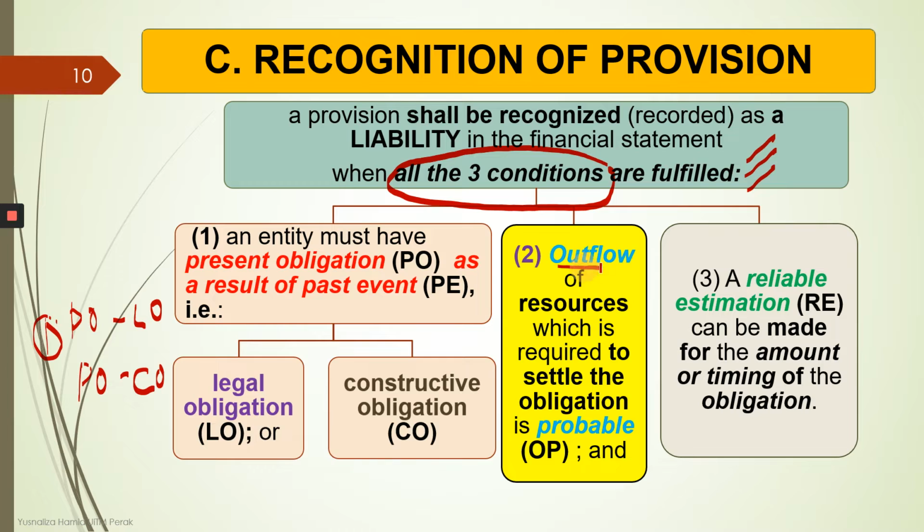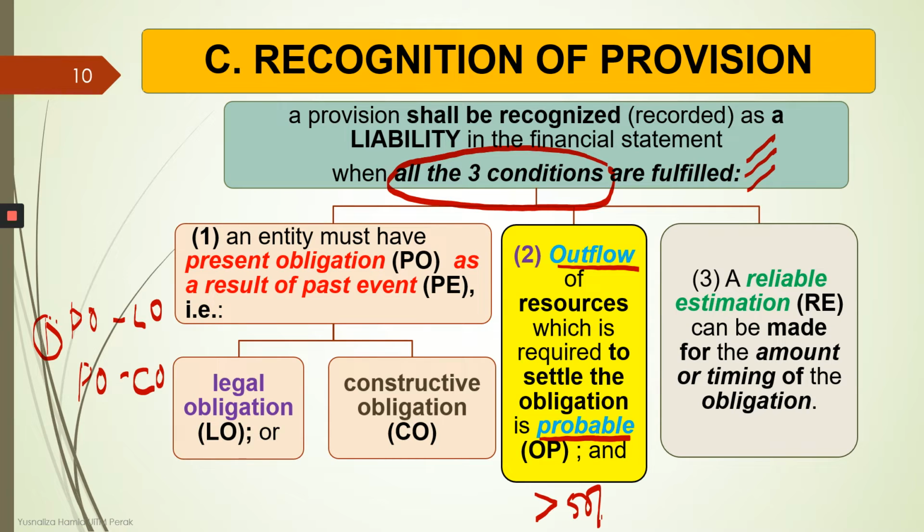Number 2, the outflow of resources is probable. I mentioned earlier, probable means the chances of happening is more than 50%, normally based on the expert opinion, the lawyer, the director that has experience in that particular field, or the lawyer which has that record of having the legal knowledge in that matter. So they say it's probable.